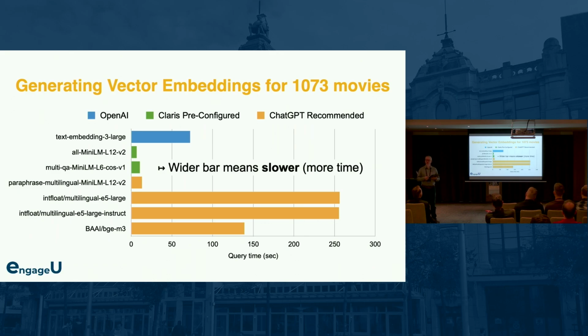The pre-configured models that come with Claris AI server were much faster. So you could think that, well, using the local server for embeddings is much better in terms of performance, but don't fall into a trap, because there are other parameters that you have to consider.